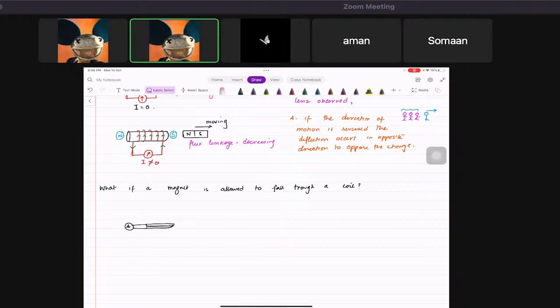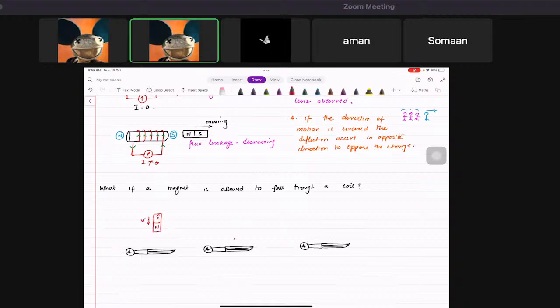I'll copy this. I need 3 of these actually. Okay, fair enough. Let's move them here. Now, so there's a magnet. So when you make it fall through it, let's make it in a different color. North, south, so it's moving this way.